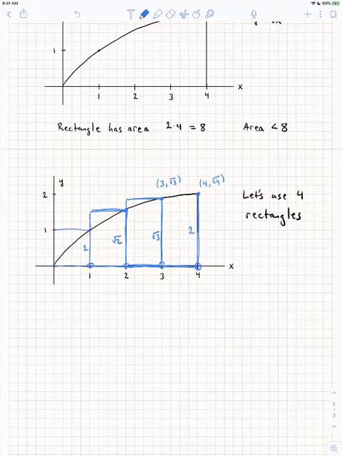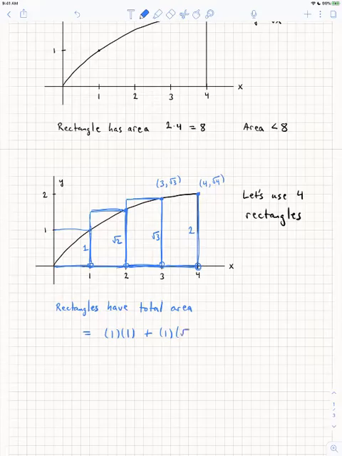We can compute the area of these rectangles. So the rectangles have total area equal to, well, what is the area of the first one? Well, it's base times height, which in this case is going to be 1 times 1, plus the second one, well, the base is the same, it's 1 times the height, which is the square root of 2.